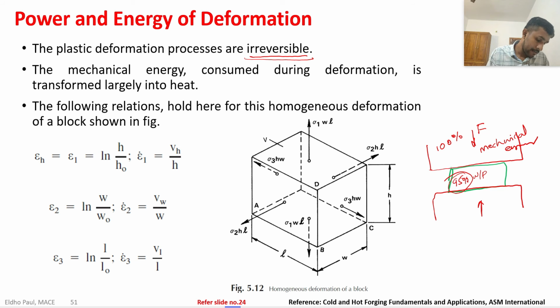And here we can calculate the strain in the one direction. This is direction 1. The strain in direction 1 is equal to the natural logarithm, log h by h0. We already studied the true strain.